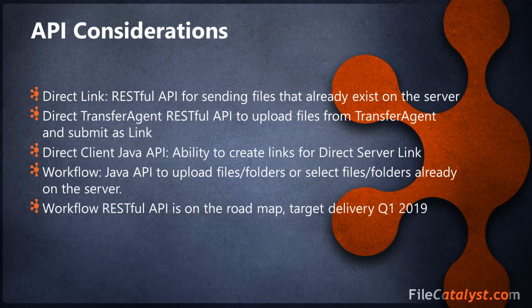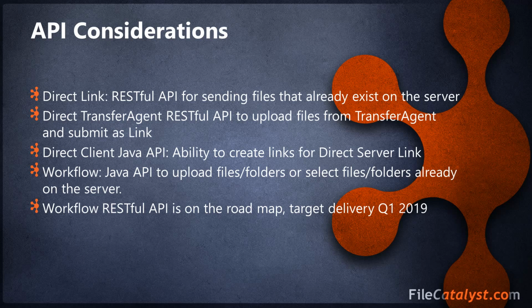So this is all on the user experience. I don't really want to talk too much about it, but there's the whole aspect of APIs as well. A lot of people want to be able to generate a large file and send a link to it to a recipient. So this is what we allow. In Direct Link, we give you a RESTful API for sending files that already exist on the server.